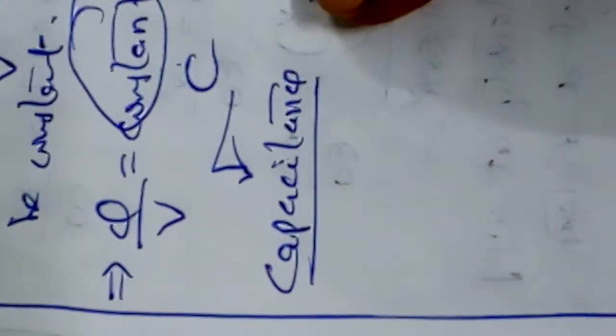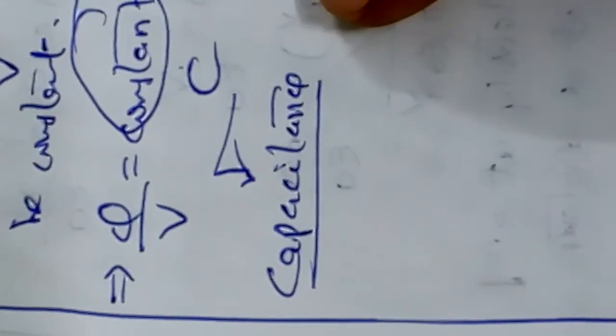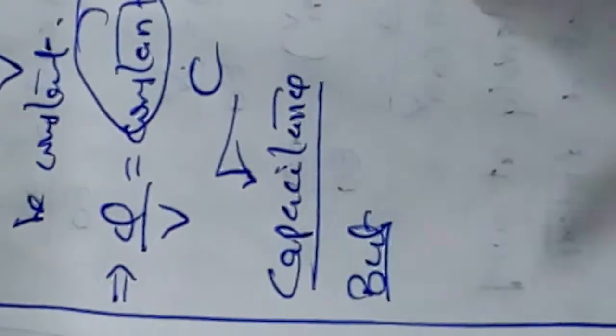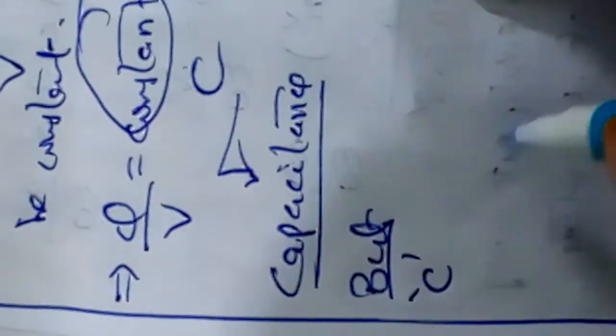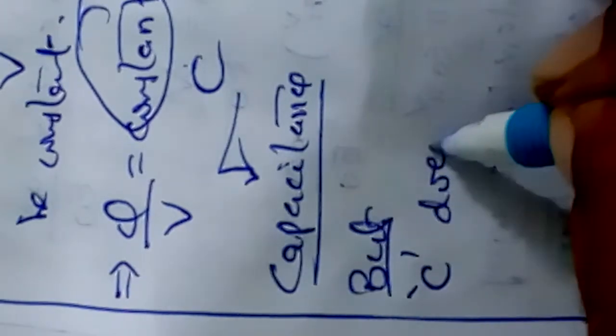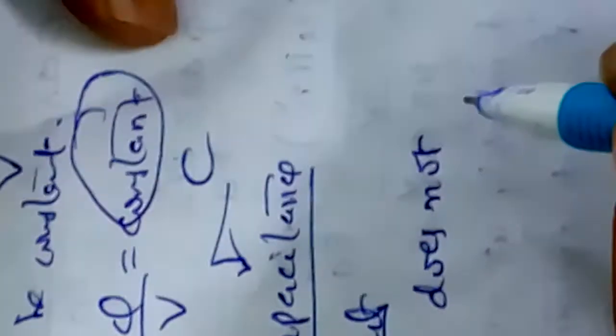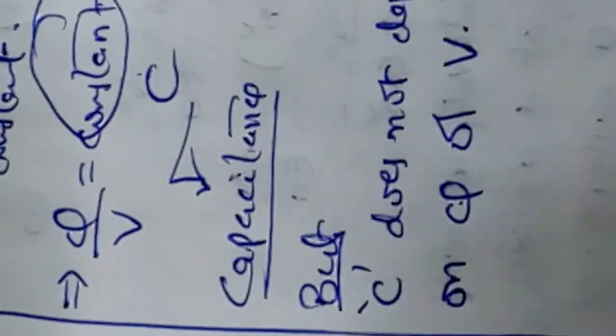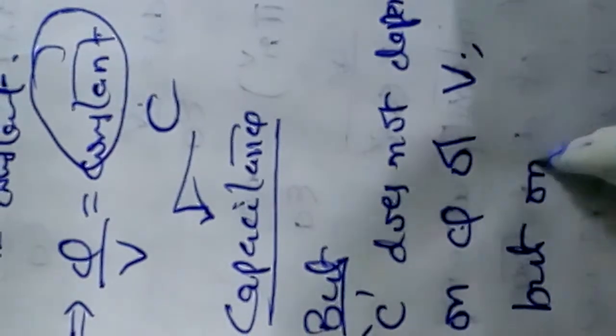But interestingly, there are two important things you have to understand. This capacitance you are talking about does not depend on either Q or V, but it depends on the geometrical configuration.